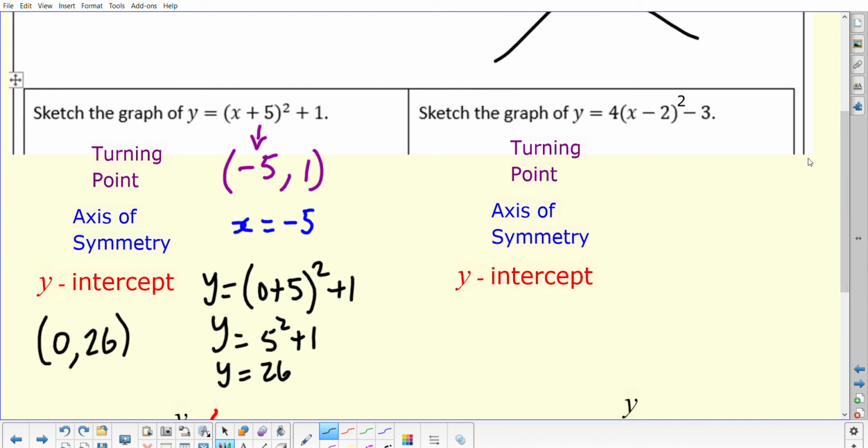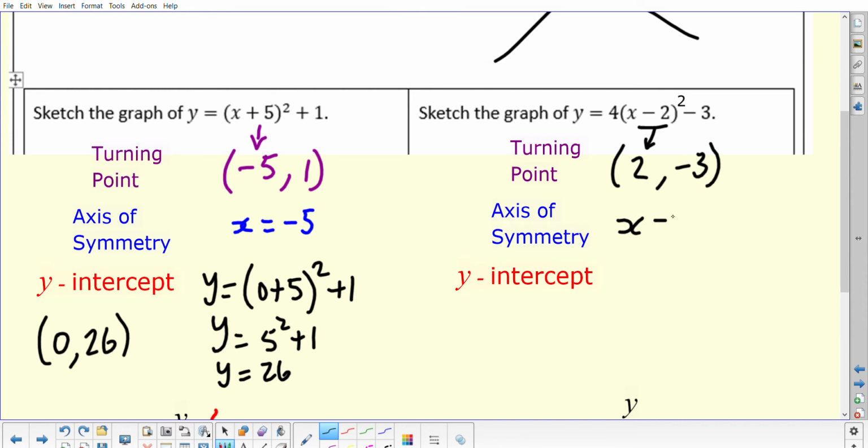You can see on this one, turning point is going to be at the point (2, -3). So although there's a 4 going on at the front there, it doesn't affect the turning point. It's still opposite sign of the -2 in brackets, so that gives you positive 2. And the y coordinate always matches.